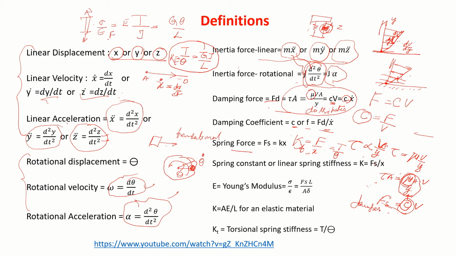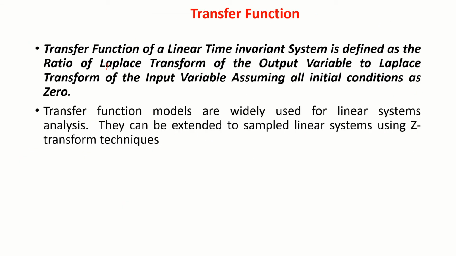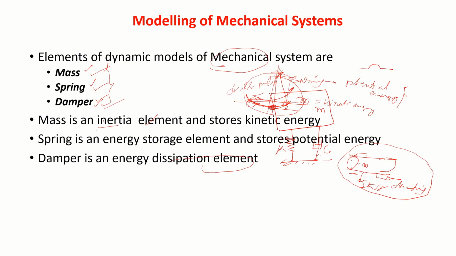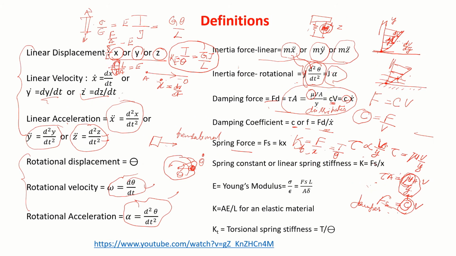Stress is nothing but normal force by area, and strain is nothing but deformation divided by original length, which is equal to E. So then you can say FL by delta A is equal to E. Force by displacement, this is what I can call K.